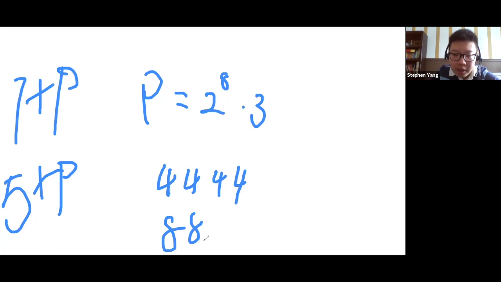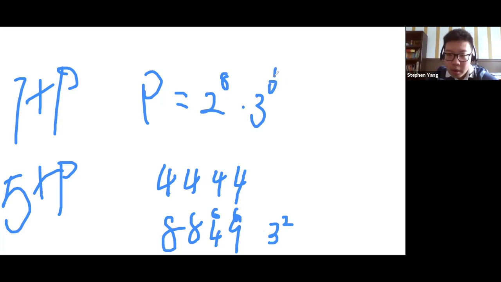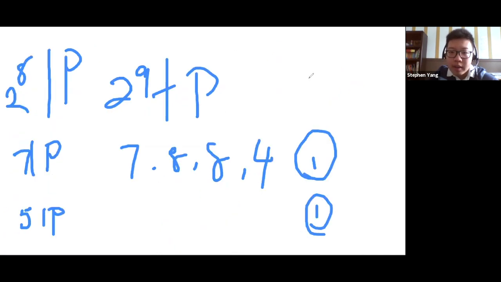And we could have 4, 9. In this case, you have 3 to the 2nd power, or you can have 6, 6, which is also 3 to the 2nd power, which means 3 could be 0th power, 1st power, and 2nd power. Which means there are 3 solutions in this case. And adding them up, we'll have 5 solutions.